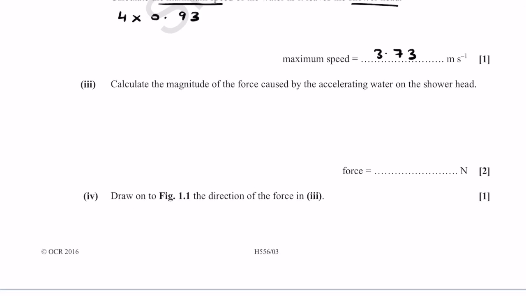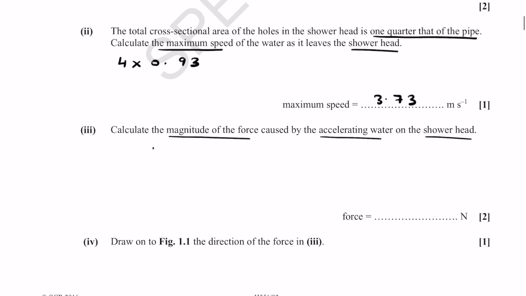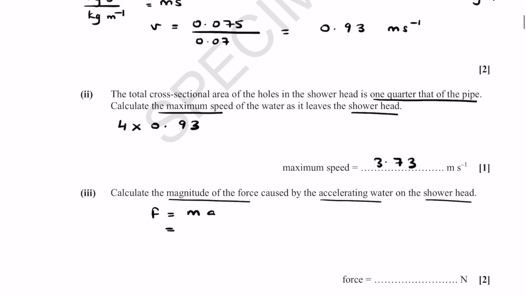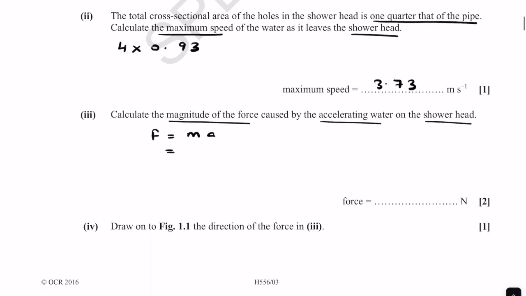For part III, calculate the magnitude of the force caused by this accelerating water on the shower head. That's basically thinking about force as mass times acceleration. We know that the amount of mass that's flowing per second is 0.07, so I'll keep the units there, per second.